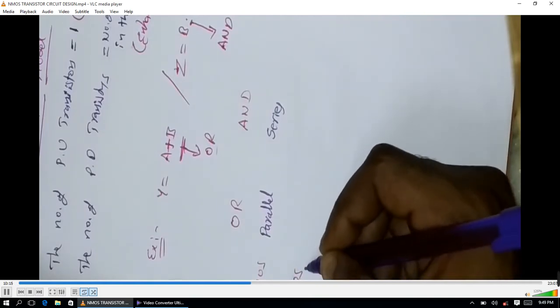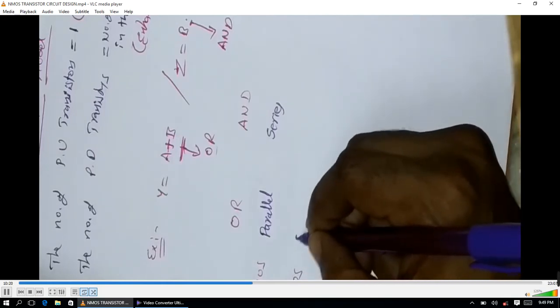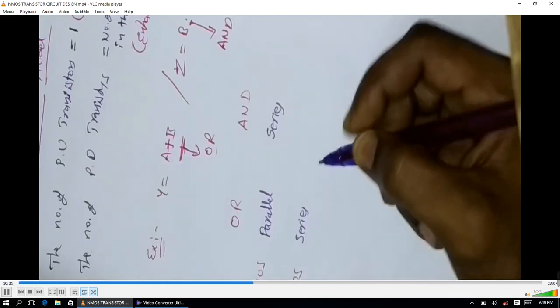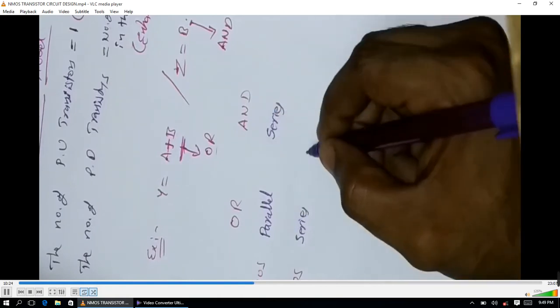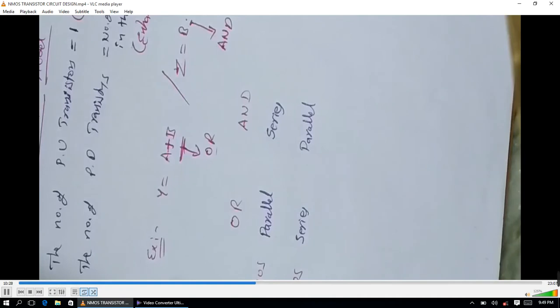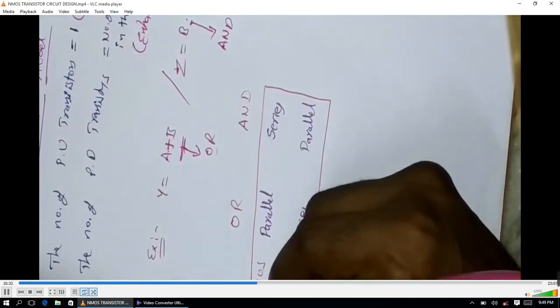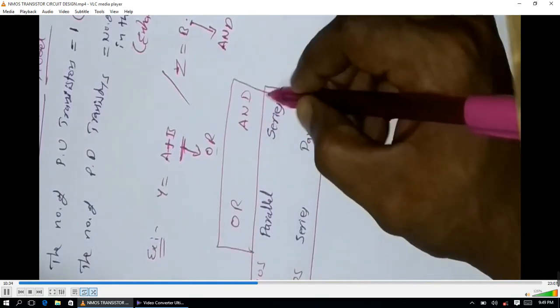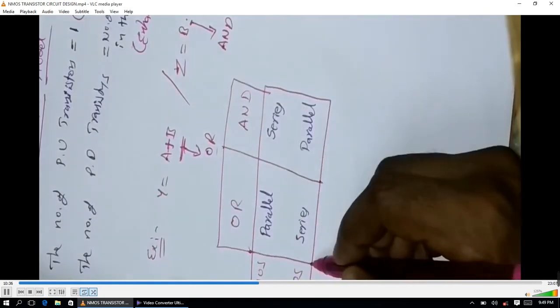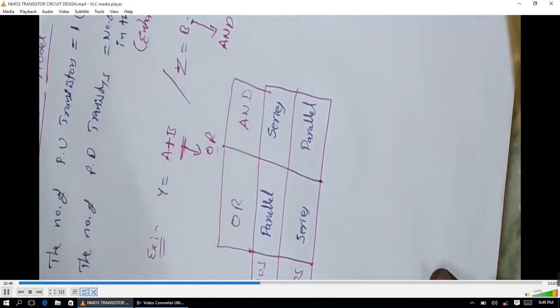For PMOS transistor logic, for the OR operation the PMOS transistors are connected in series, and for AND logic the PMOS transistors are connected in parallel. Simply remember this table. Based on this table only, we can implement any function.